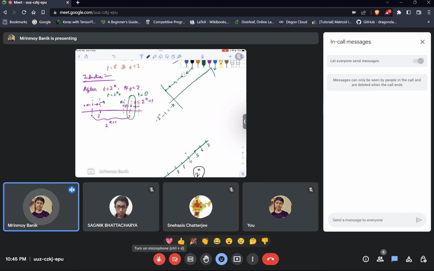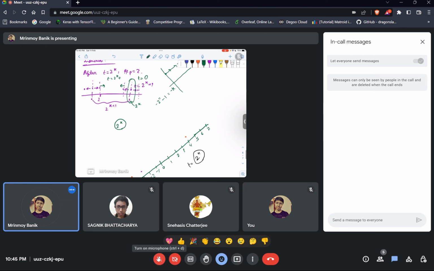So at t equals 0, there was 1 particle in this position, 2 power k plus 1. Let's shift the origin. So this is 2 power k, not k plus 1. So we know after 2 power k moves, after 2 power k time, there will be exactly two particles, right?